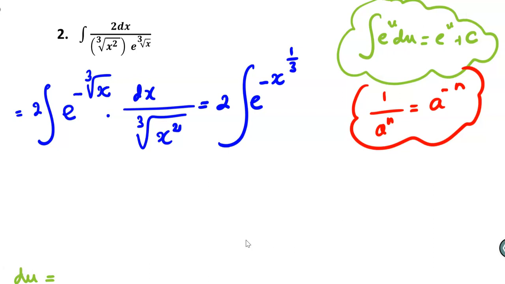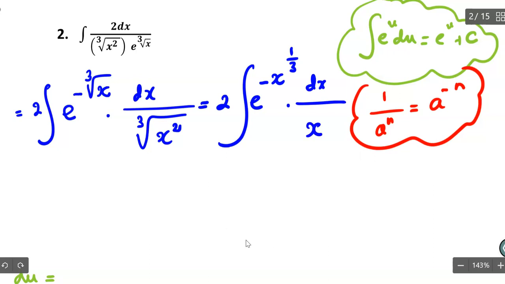Negative of the cube root of x, so negative x raised to exponent 1/3. Here I should write just dx, and here I should write x raised to the exponent 2/3. You don't need to bring this up. Just leave it the way it is now.